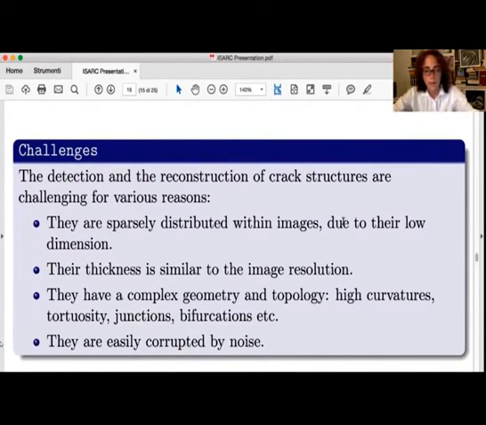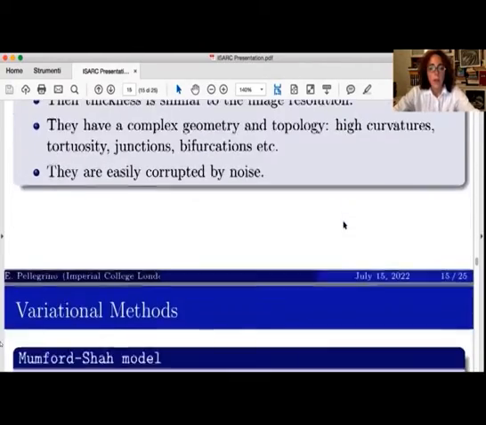So you can see in this slide is there are very sparsely distributed in the image. Their thickness is comparable to the image resolution. They have a complex geometry, and also they can be easily corrupted by noise.